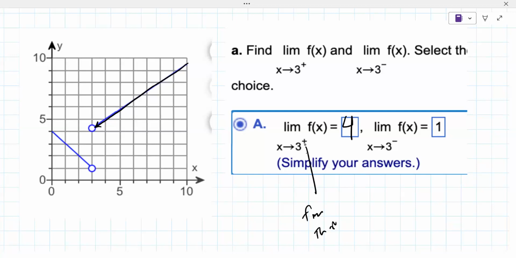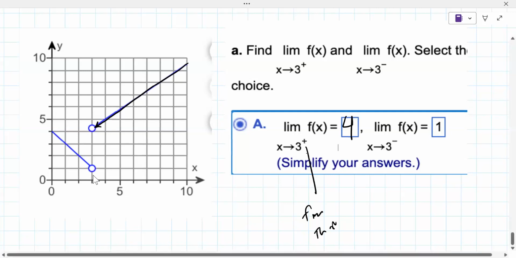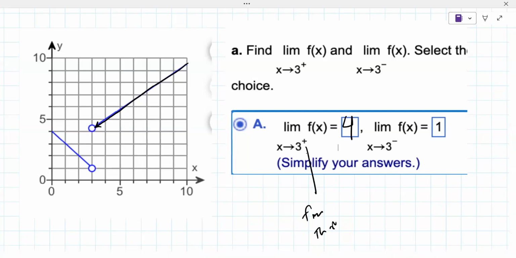Maybe it's because it's right above it. It looks like 4, yeah. Oh, no, it's not. Okay, I'm sorry. Now I get it.